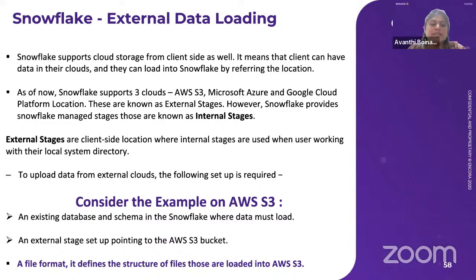But coming to external storage, we need to use one of the clouds: AWS S3, Microsoft Azure, or Google. Any of these we can use, and we should load the data as per our requirements. The data uploaded from external clouds will be totally raw data, so we need to modify it as per the requirement.